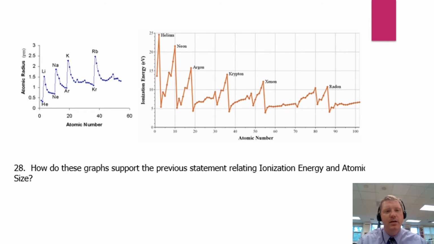We have to say that if I compare potassium and sodium, potassium has a larger atomic radius because potassium has more core electrons shielding the valence energy shell. All right, we have to use the correct terms. If I want to compare potassium to calcium, calcium is going to have a higher first ionization energy.